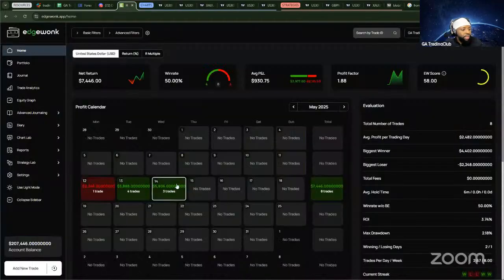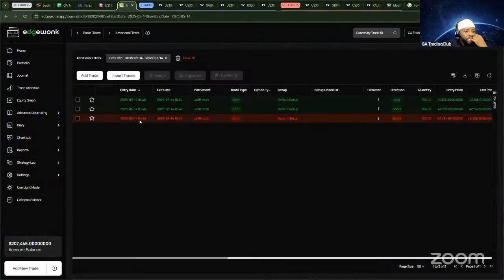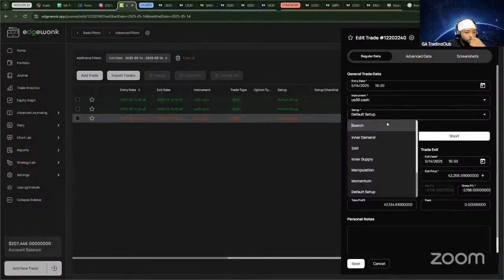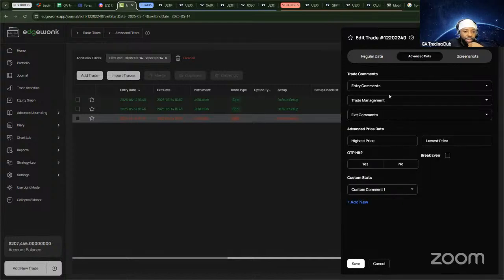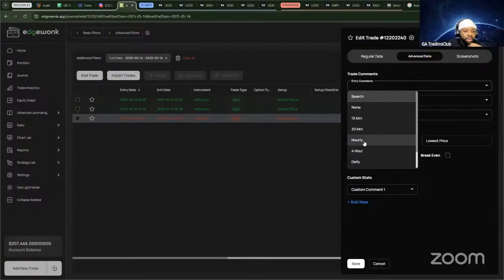But here, if we go ahead and label this, the first one was an SAR rejection scalp. I remember it was on the hourly time frame.